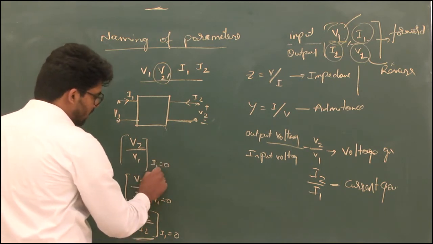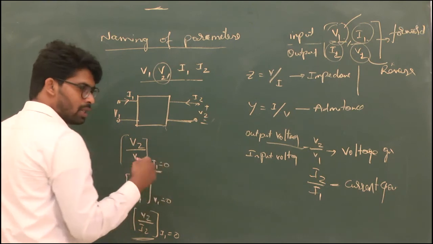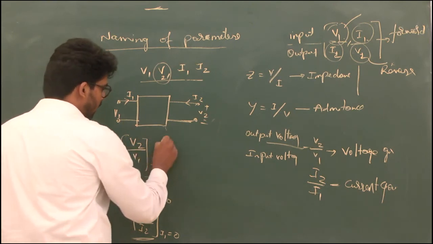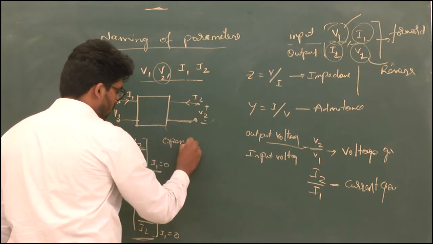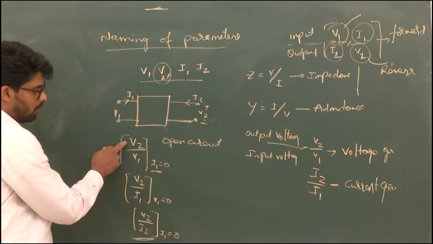Here I1 equal to 0 means the current is open at the input port, so we take it as open circuit. What do we get? Voltage by voltage.